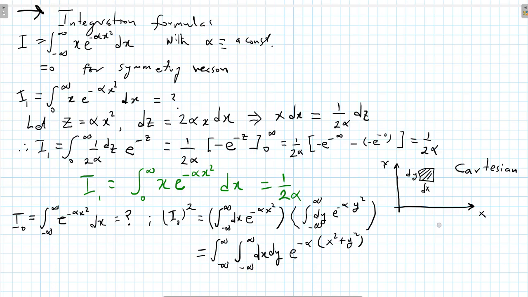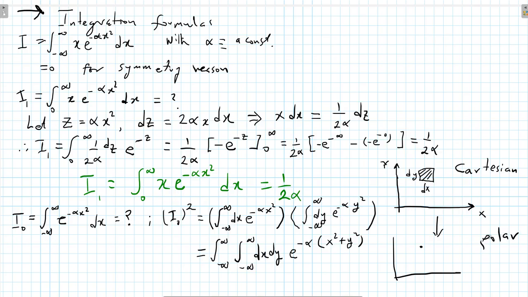We can convert this into a new coordinate system. Here the variables x and y both vary from minus infinity to infinity, but for polar coordinate systems it's a bit different.